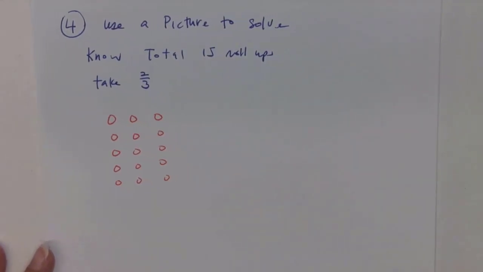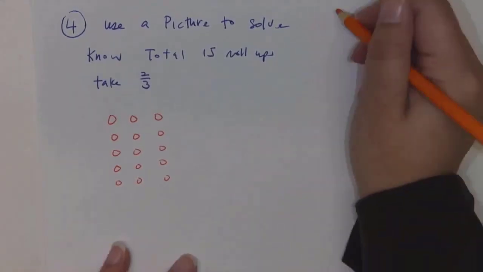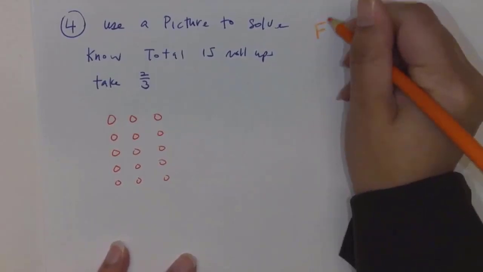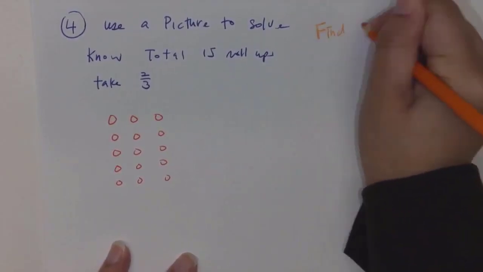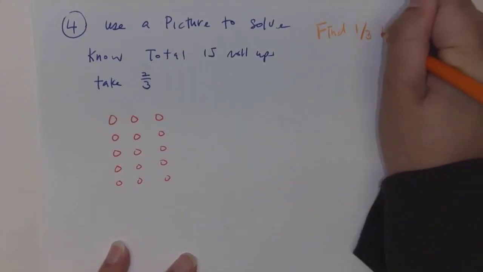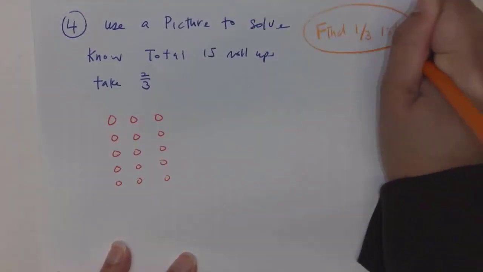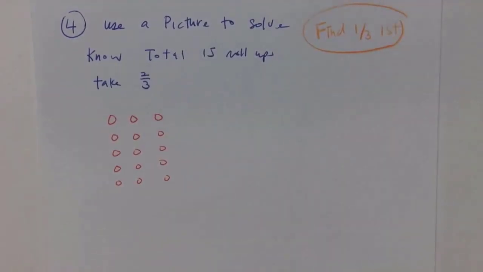Okay, that's normally a good strategy, because we find out what is 1 out of the whole, so 1/3. So how do I figure out 1/3 from 15 items?